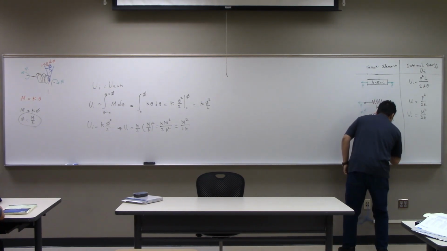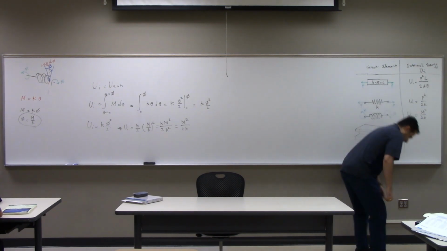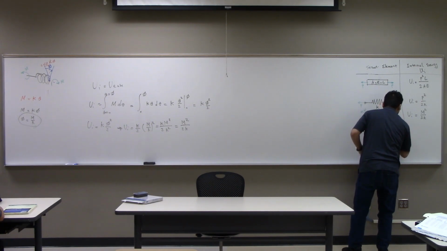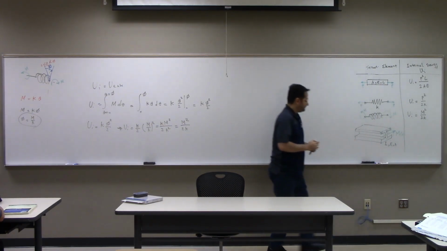And you have moment of inertia I, modulus E, cross-sectional area, and then you have some couple moment distribution, M of x, applied this way.